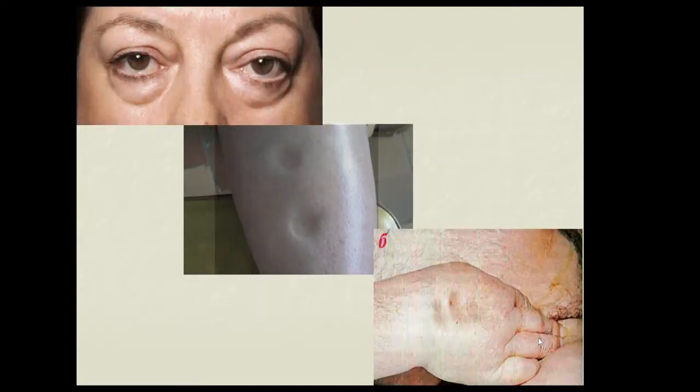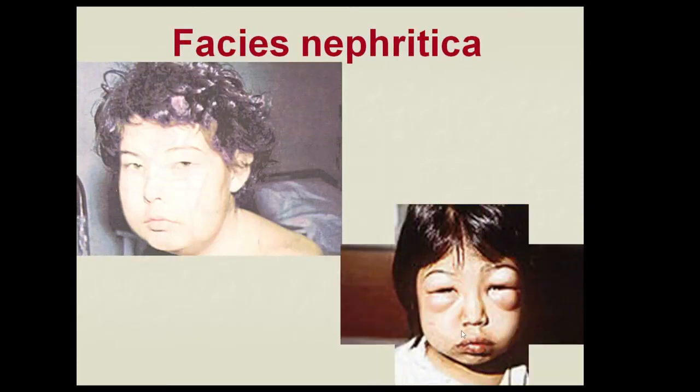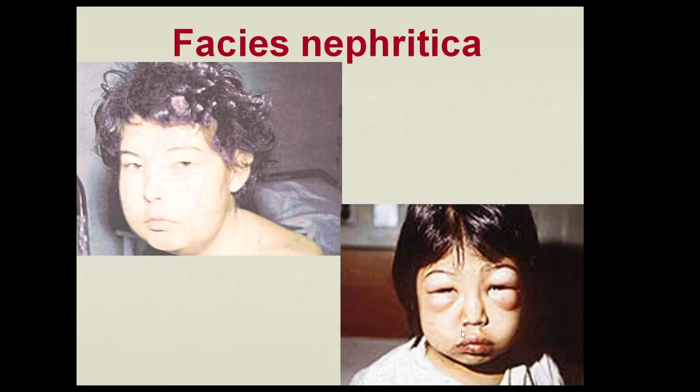You see edema which localizes on the face first of all, then it spreads along the entire body to the lower extremities, and if you press on any side of the body, you see formation of a fossa as a result of edema. Due to the specific edematous phase, we distinguish a specific appearance, facies nephritica, which is more characteristic for the patient with glomerulonephritis and nephrotic syndrome. You see, the patient cannot open the eyes because of severe edema.